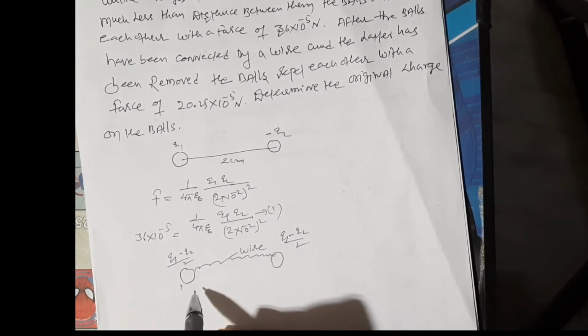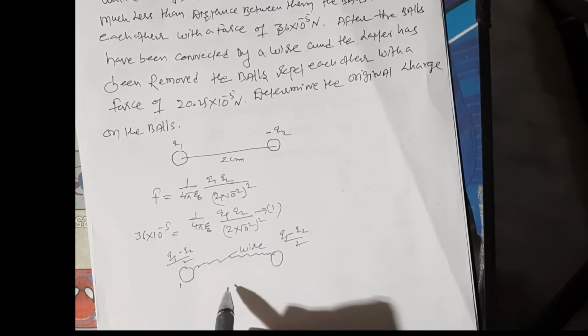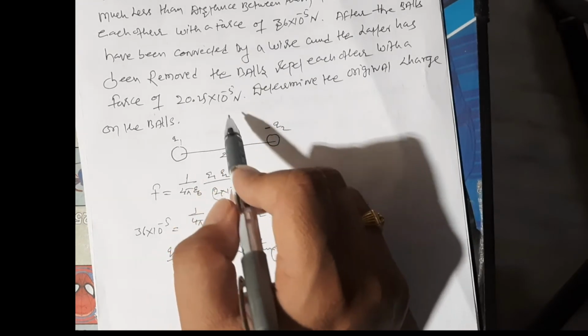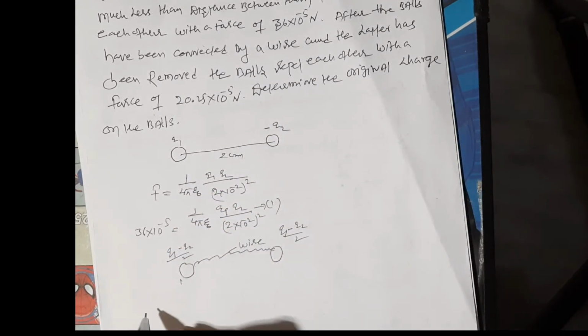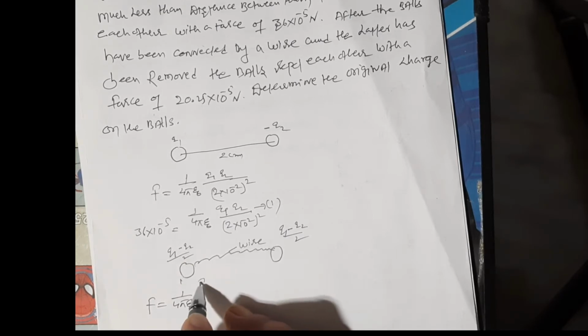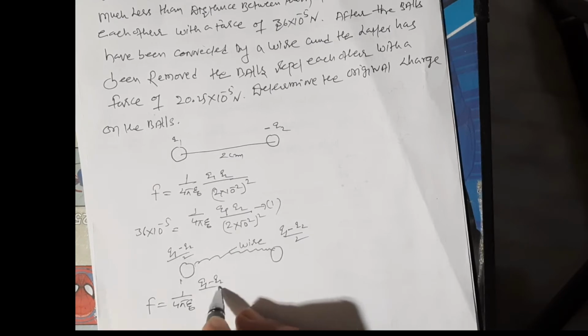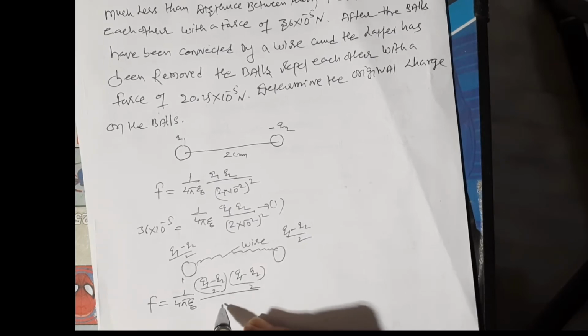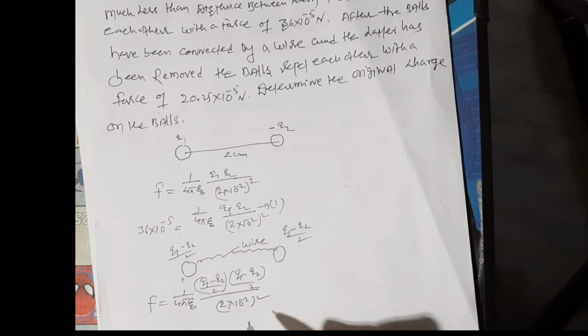Now these two charged balls repel with a force of how much? 20.25 to the power of minus 5. That is equal to F is equal to 1 by 4 pi epsilon naught, Q1 minus Q2 by 2, Q1 minus Q2 by 2, by r square, which is 2 into 10 to the power of minus 2 whole square.